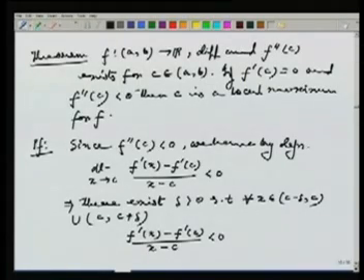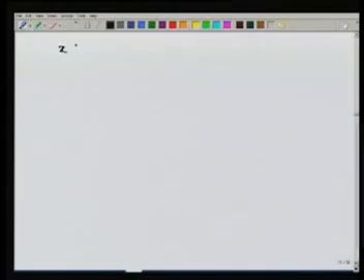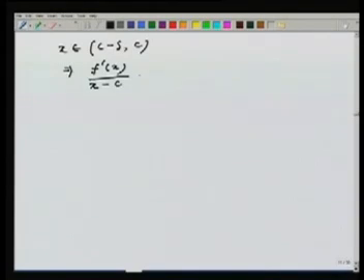Now let us look at the case when x belongs to (C minus delta, C). What does it mean? This implies f prime x, I can forget f prime C because f prime C is 0, that is one of my assumptions, divided by x minus C is less than 0. Now what does this mean? Because x is in (C minus delta, C), x minus C is less than 0.